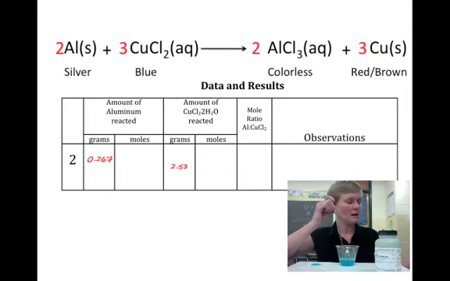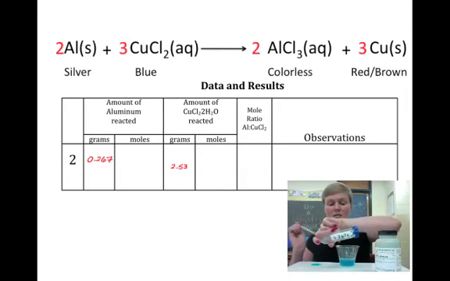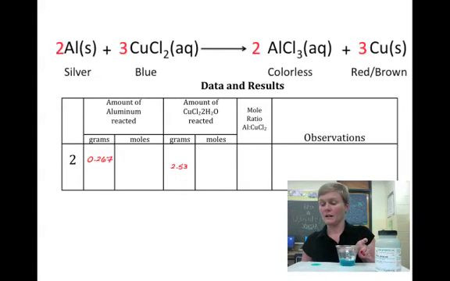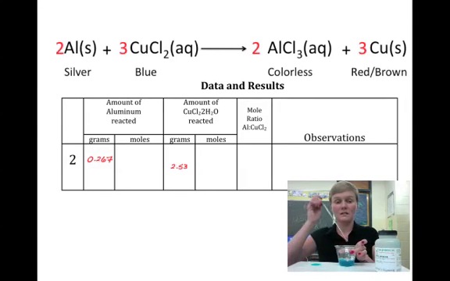Okay, now we're going to add in 0.267 grams of aluminum into this solution. Dump. Notice that's a larger amount, 0.267 in the second reaction. In the first reaction, we only had 0.160.